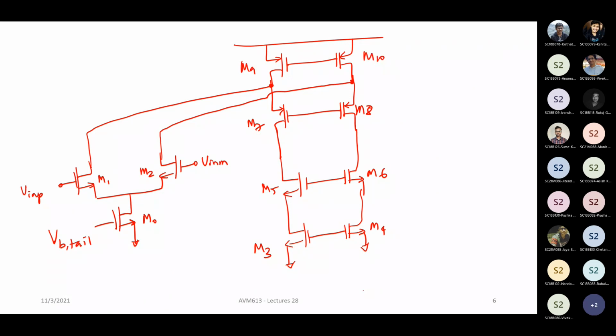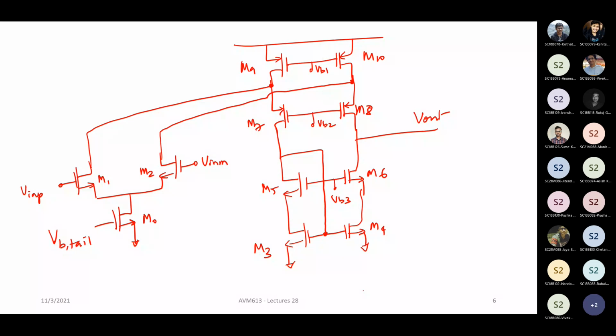Now let me give a single-ended output. So I will connect it like this, and I need to provide VB1, VB2, and let's call this VB3.